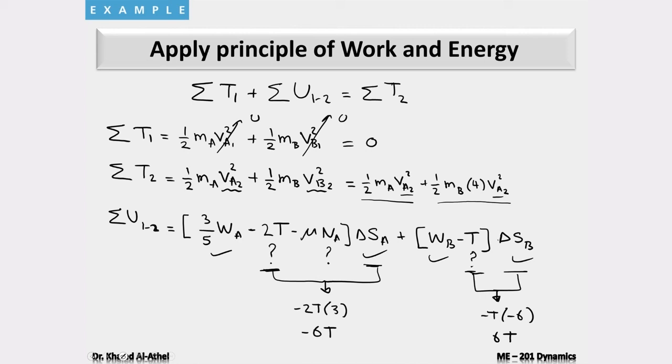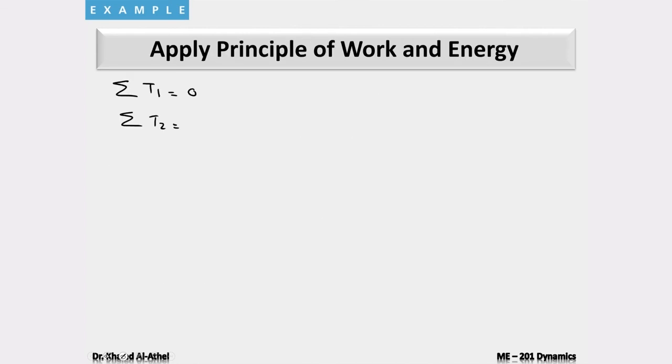So I'm going to take these two and do it in here. So I'm going to have half MA. I don't have the mass, I have the weight, which is 60 pounds. So to get the mass, I divide by the gravity, which in the British unit system is 32.2. Okay, so half M and then multiplied by VA squared.